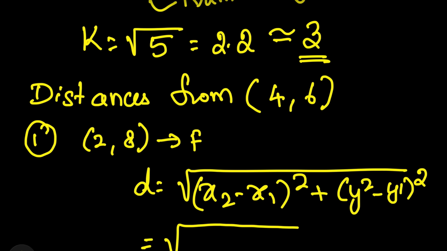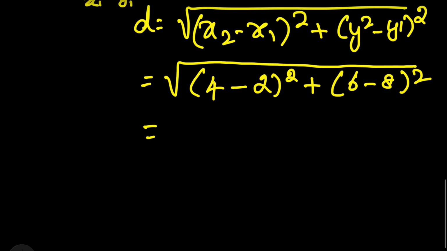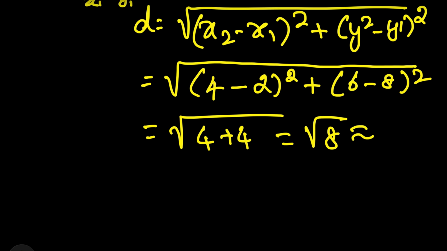So I am going to take the values here: x2 and y2 are 4 and 6, and if we take 2, 8 as x1 and y1, then x2 is 4 minus x1 is 2 the whole square plus y2 is 6 minus 8 the whole square. So you will have 4 plus 4 and then you will get 8. The root of 8 is approximately 2.83, right?